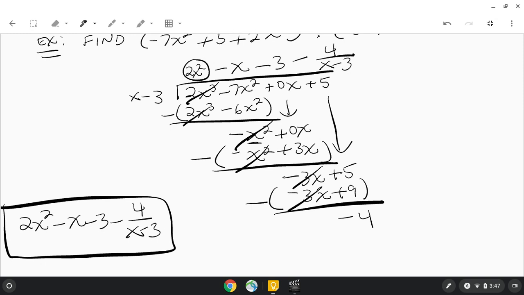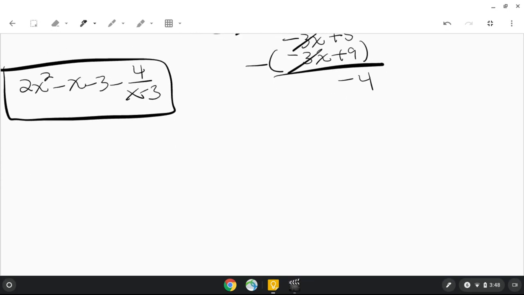So that's long division. That's one of the two types of division we're going to look at today in 3.3. Let me show you synthetic division.